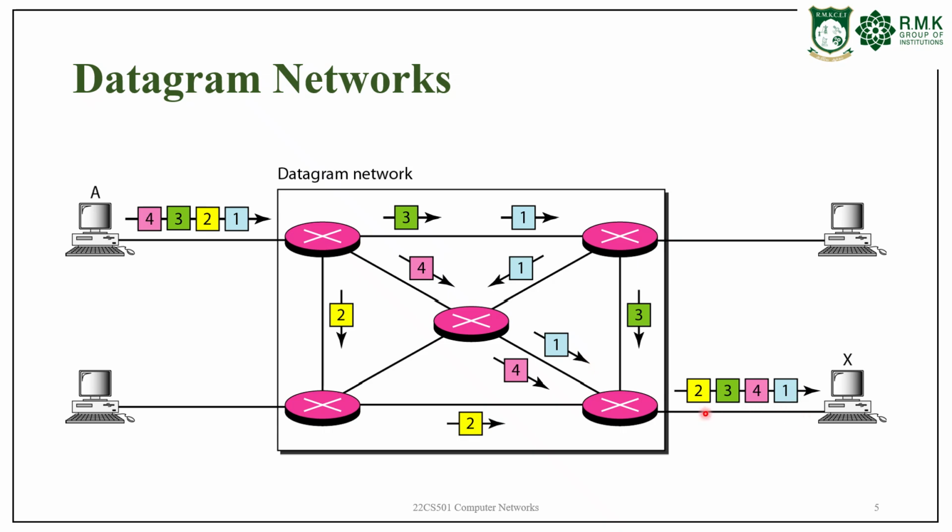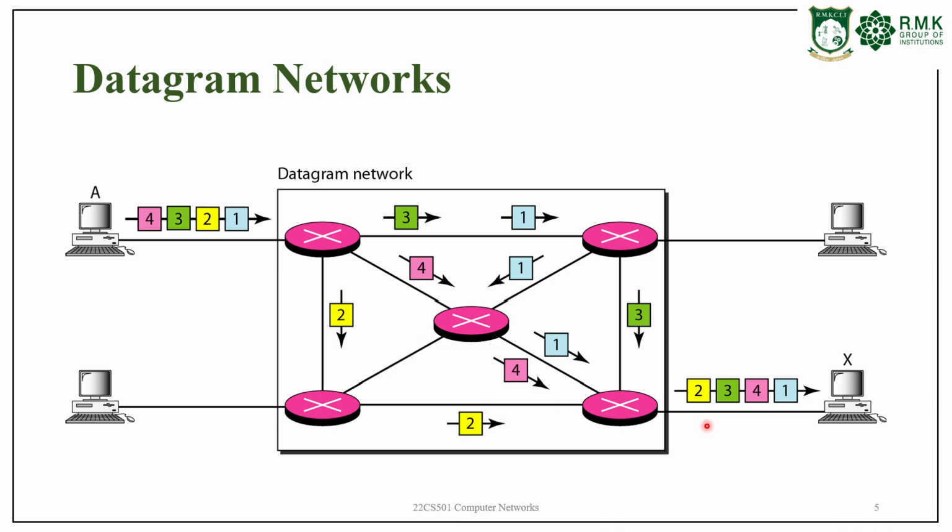Then how are the datagrams arranged? For that, in the datagram header, we have the IP address along with the sequence number. Each datagram has a sequence number. That sequence number is used to reconstruct the order of all the datagrams.